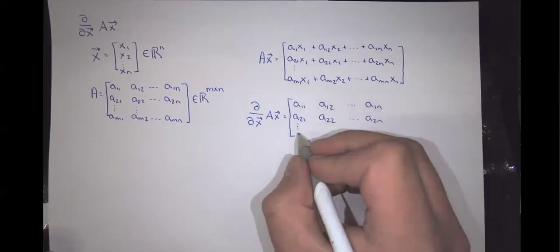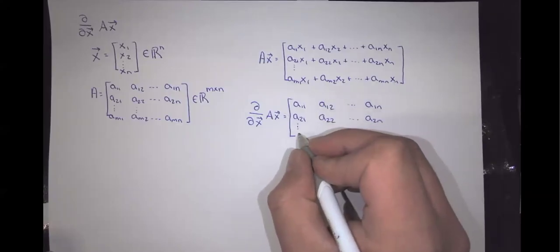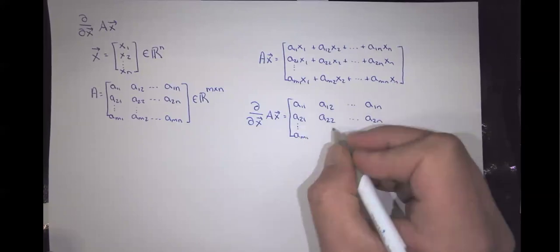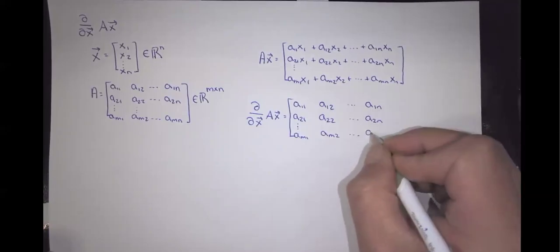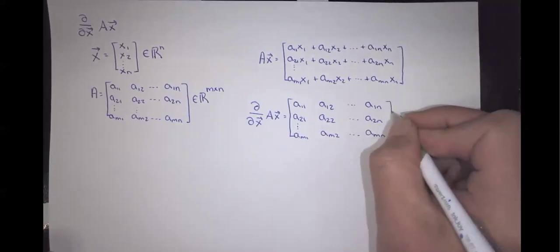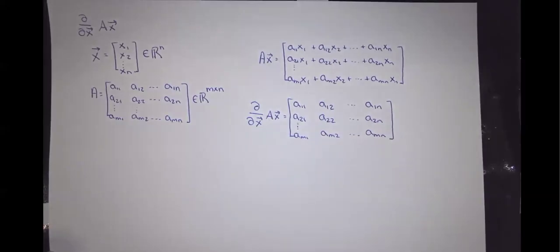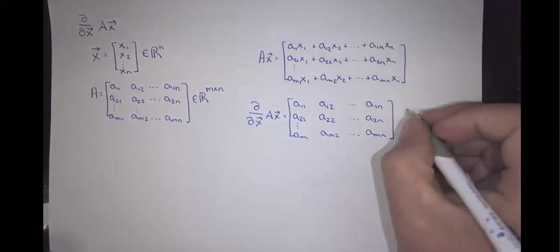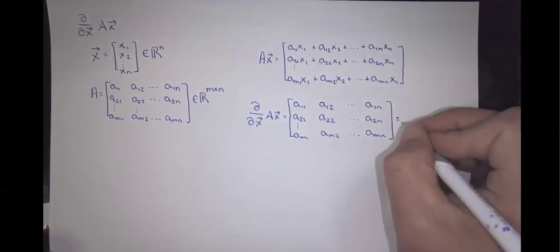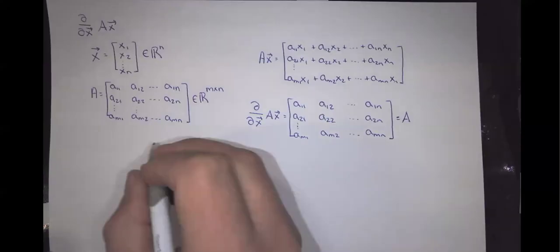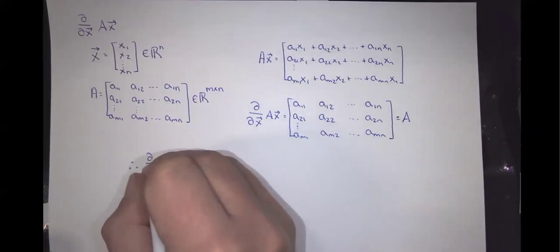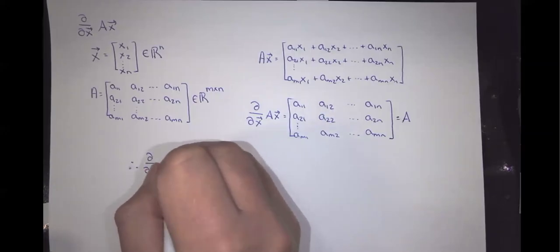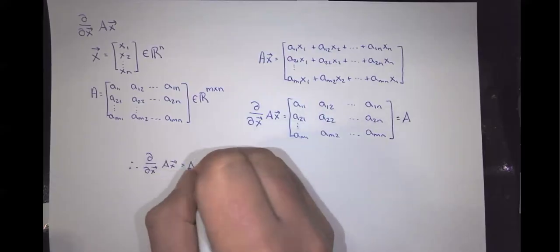With respect to the m function with respect to x1 is AM1, with respect to x2 is AM2, and AMN is the derivative of function m with respect to variable n. So this is in fact equal to A. And so what we see here is that the derivative with respect to x of AX is equal to A.